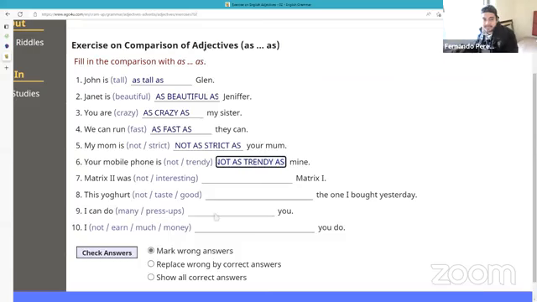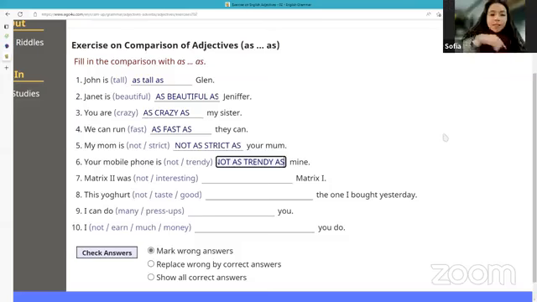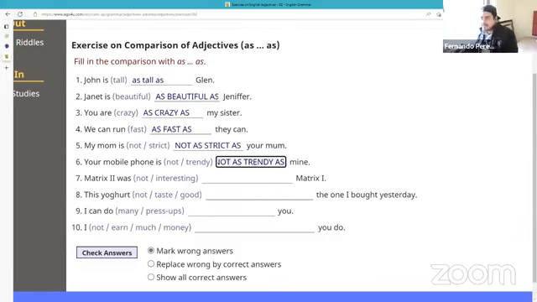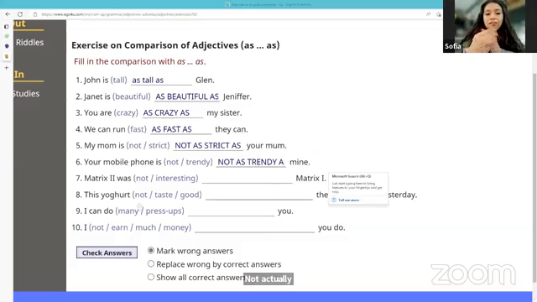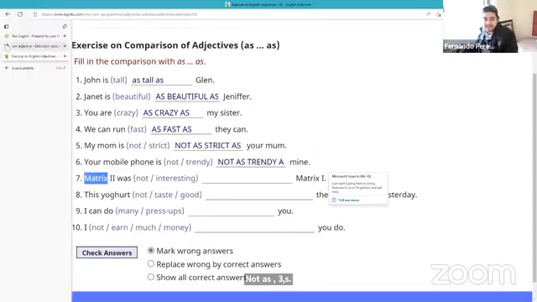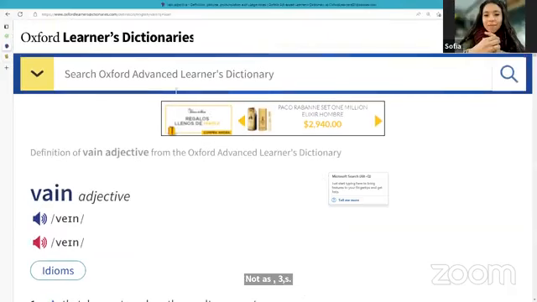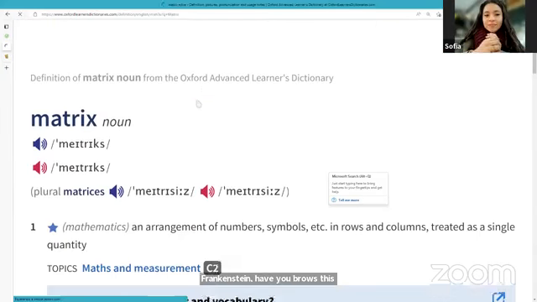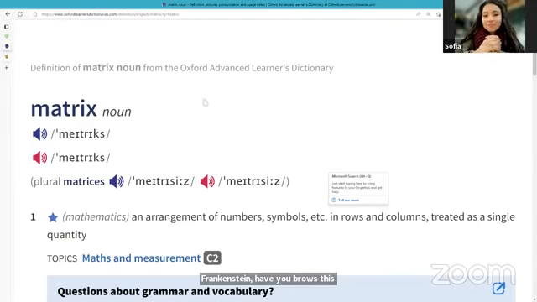Sophie, number 7. Matrix 2 was not as interesting. No, Matrix 2. Pronunciation. How do you pronounce this? Matrix. You're talking in Spanish.